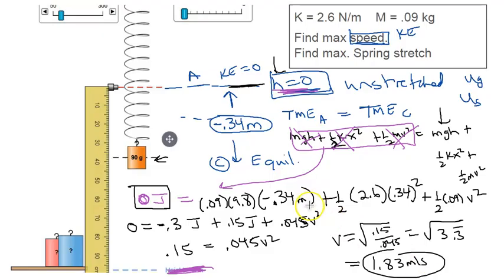You could check your work by making this delta x a little bit more, like 0.3 or 0.39, a different number, since that's the maximum speed. Like, you could go through this whole exercise again and show that at any other point you look, the speed is a little bit less, something less than 1.83. But anyway, that is the problem. I hope that worked out for you. All right, then I'm going to clear everything out and we're going to do the second question.